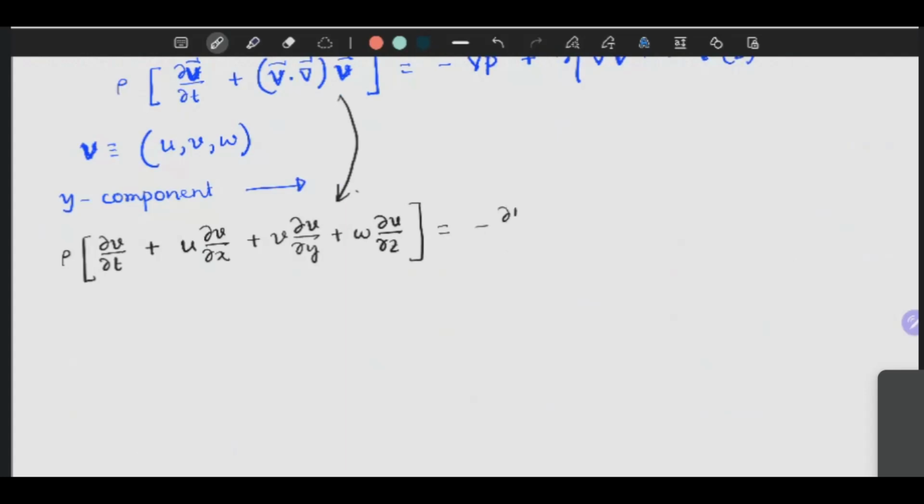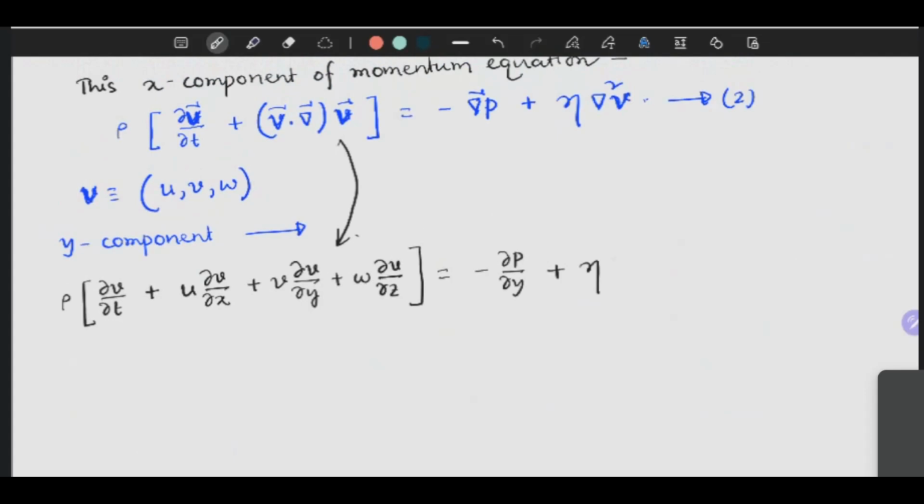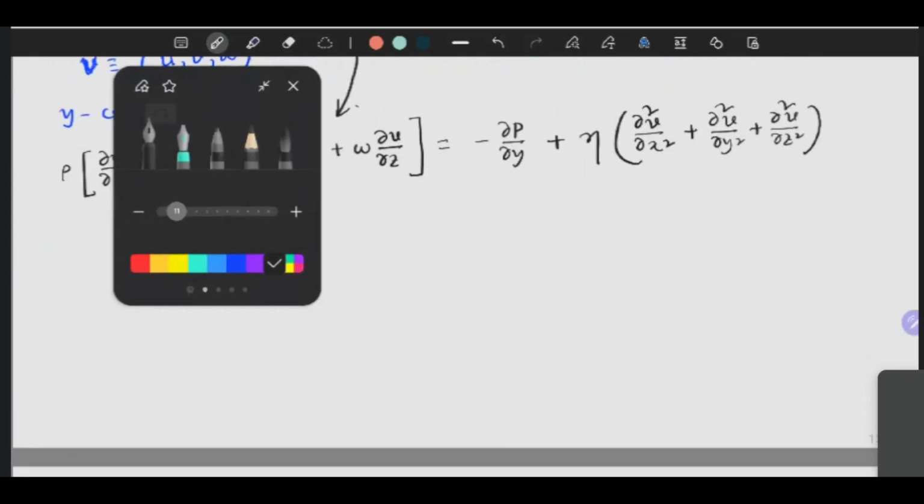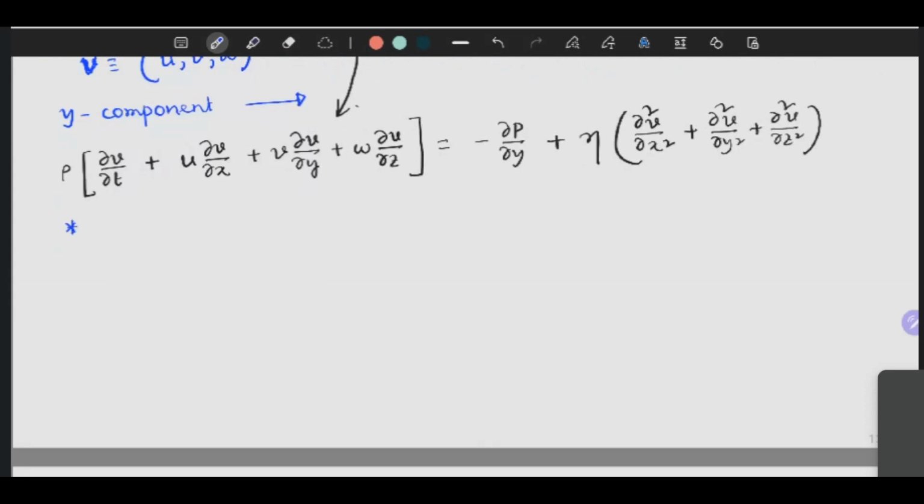And here this will be minus del p/del y plus eta (del squared v/del x squared plus del squared v/del y squared plus del squared v/del z squared). So here one important thing is no body force is considered.